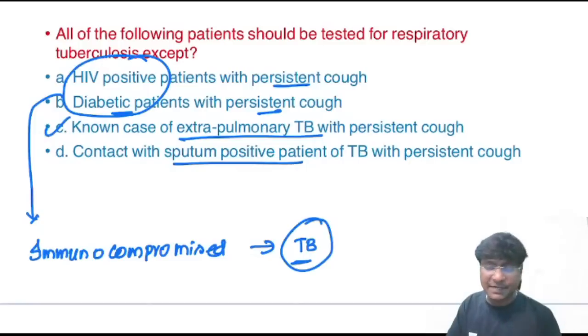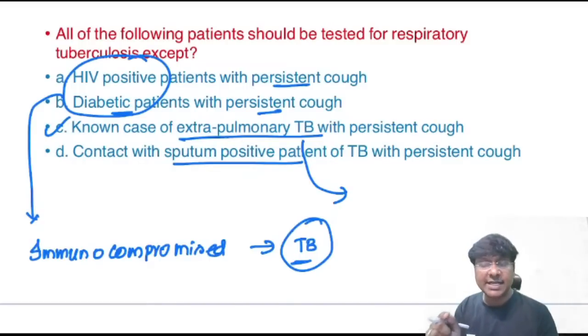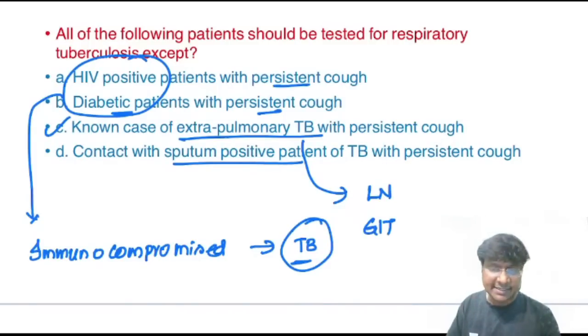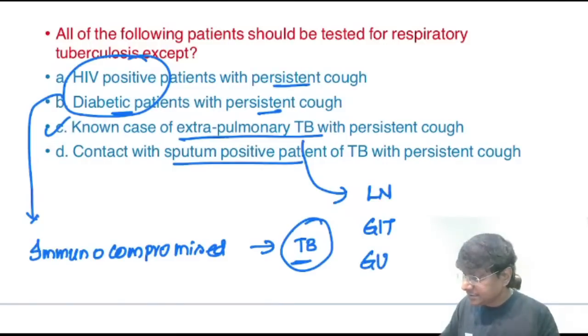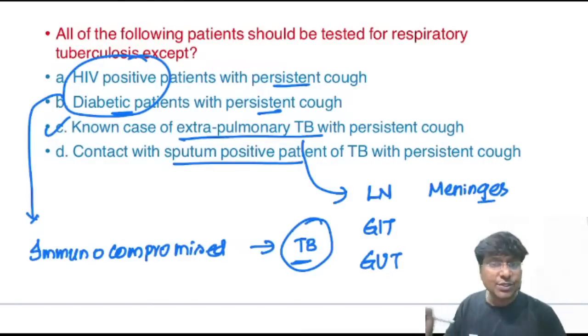Known case of extrapulmonary tuberculosis. So what may this extrapulmonary tuberculosis be? See, extrapulmonary tuberculosis is defined as a microbiologically confirmed case of tuberculosis involving lymph nodes, the gastrointestinal tract, that is intestines, the genitourinary tract, or the meninges. Okay, so this will be your extrapulmonary tuberculosis. In case of extrapulmonary tuberculosis with persistent cough, we cannot suspect pulmonary tuberculosis.